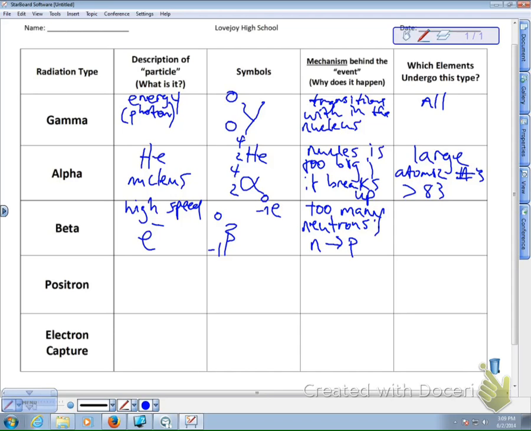And the result of that conversion gives us a kind of a leftover electron that gets kicked out. Which elements undergo this type? So this is pretty much going to be anything less than atomic number 83. It has too many neutrons, as we learned in isotope stability.